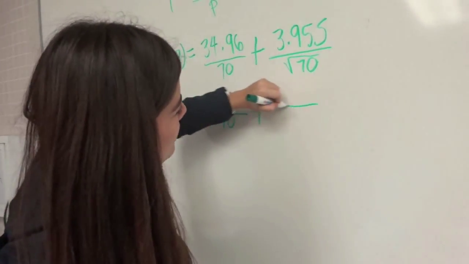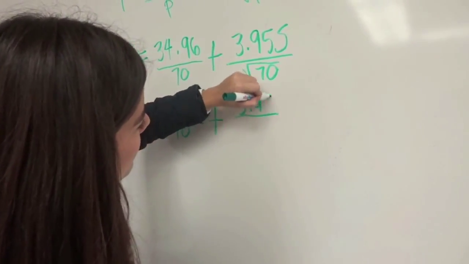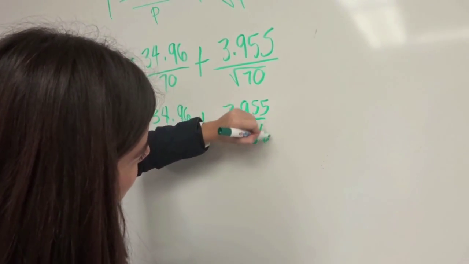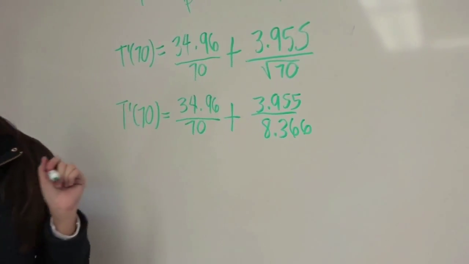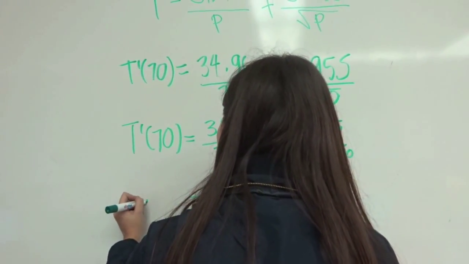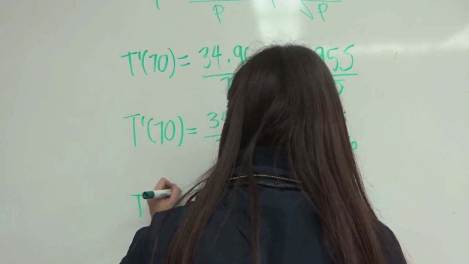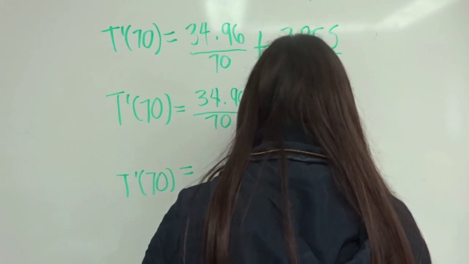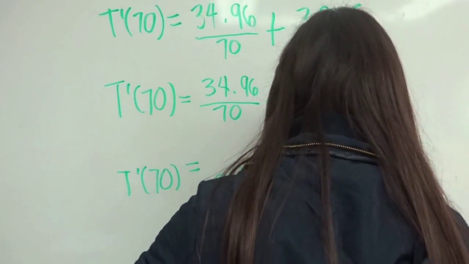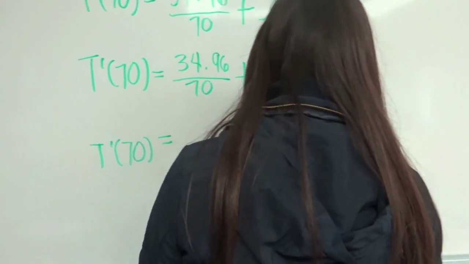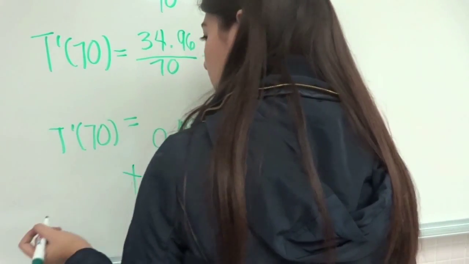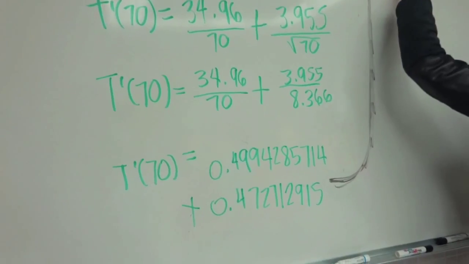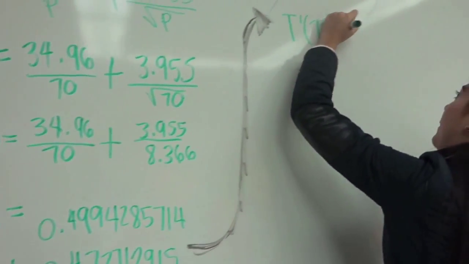Now we're going to change the square root into a decimal. So now we're going to divide both terms in order to get a simplified answer. Then we're going to add both terms in order to get the final answer.